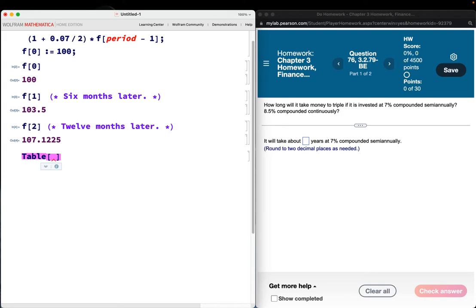Table f of period, and I'm going to take a guess. Period goes from 0 to 100. But I also want to see the number of periods. And this f of period here, let me expand the window a little bit.